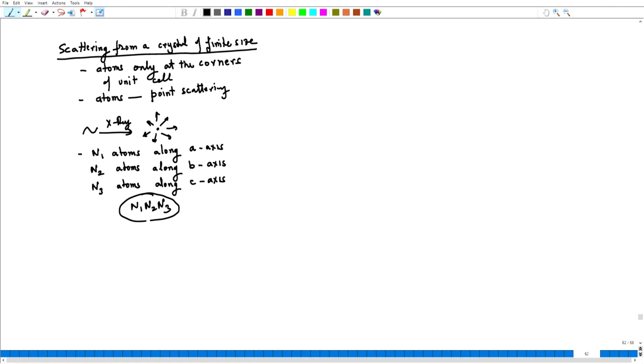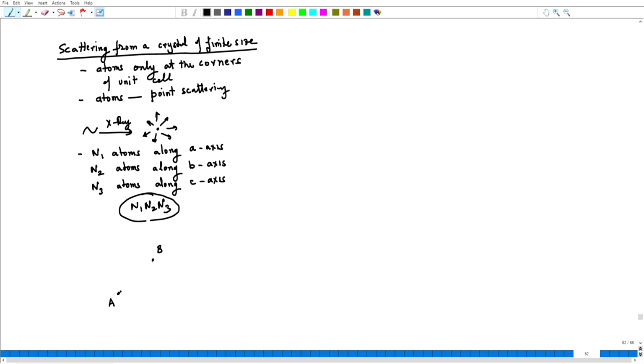Now, let us consider just 2 point scatterers. Let us take a point scatterer, I label this as A, and another point scatterer which I will label as B, and remember all of these point scatterers are at the corners of a unit cell.